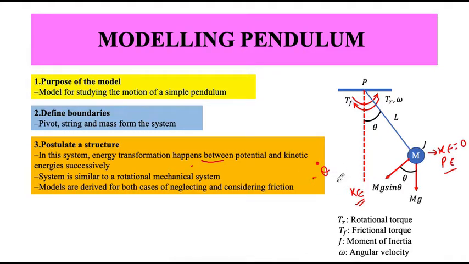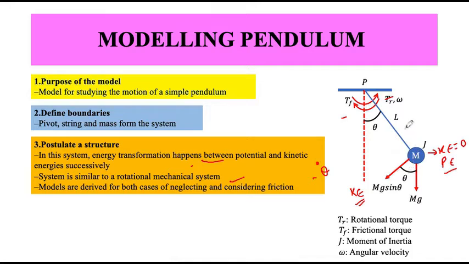We will see how it looks mathematically. As a structure, it is similar to a rotational mechanical system, right? So you have rotational motion, possibly an external torque, or the system's own torque because of inertia, and so on. Neglecting friction, I just draw something like a free body diagram, which I used in my 12th standard physics.